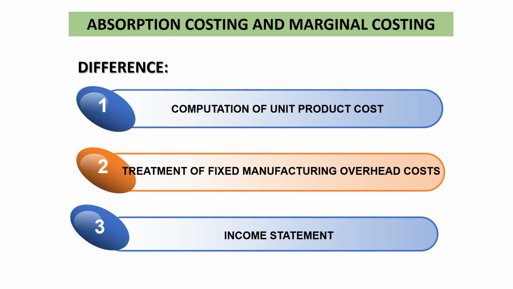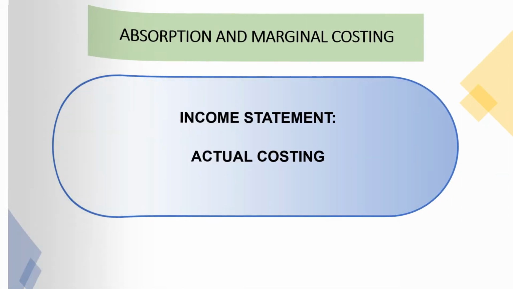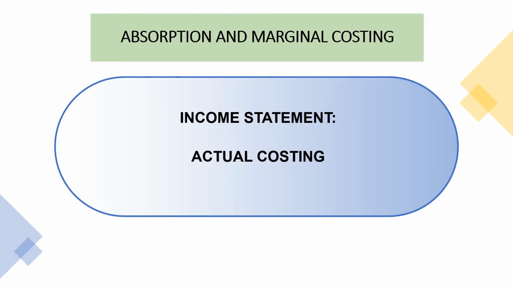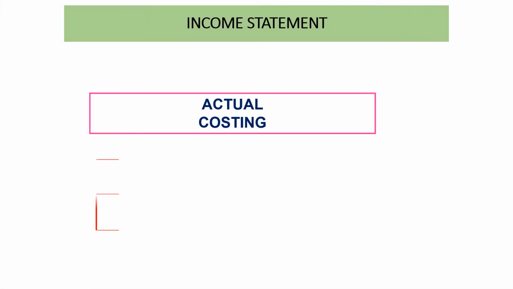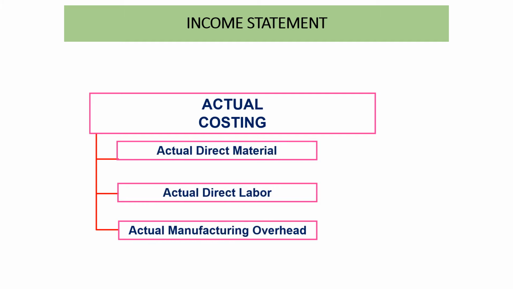Now we continue with the difference in the income statement. Absorption and marginal costing income statement under actual costing. Actual costing: the costs incurred are actual direct material, actual direct labor, and actual manufacturing overhead.